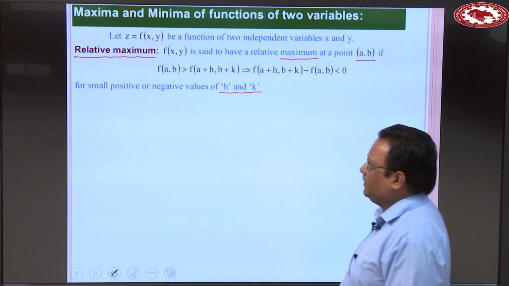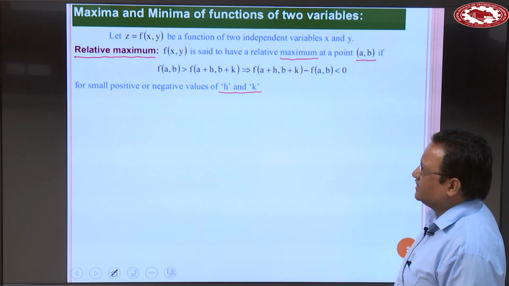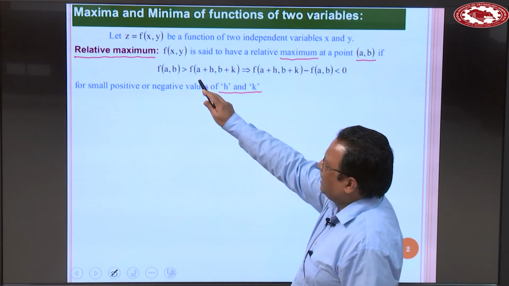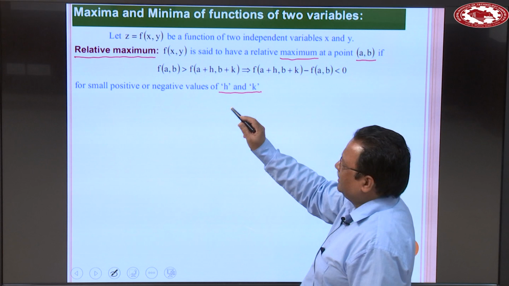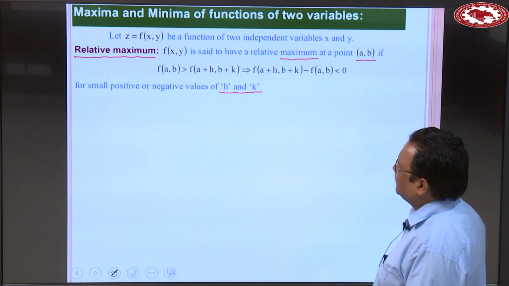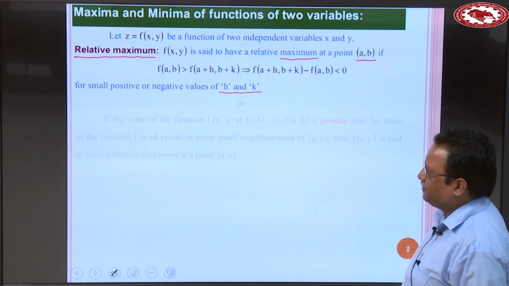So, if f(a, b) is greater than f(a+h, b+k), then f(x, y) is said to have a relative maximum.